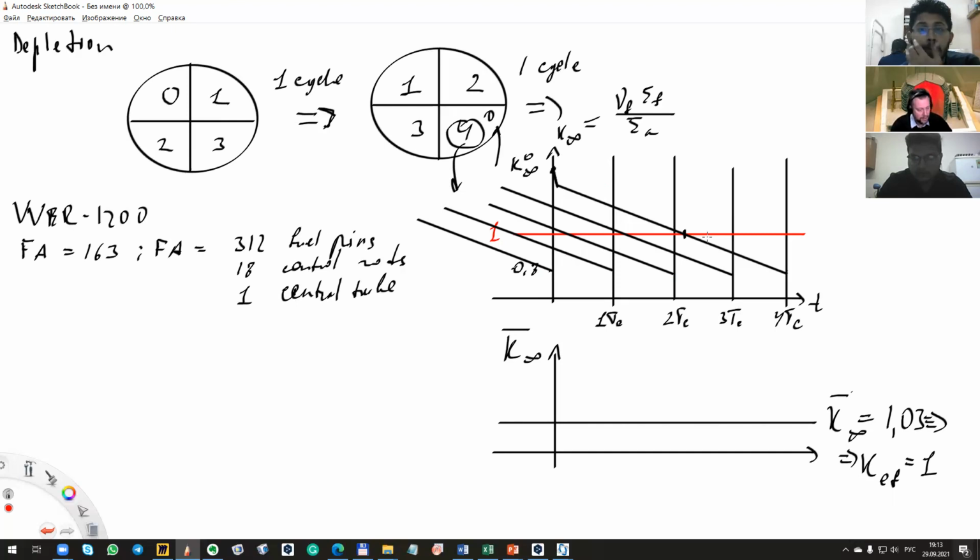The last is not needed. Do the summation and average it, and we get the K-infinity. We average this one, and this summation gives this one point.